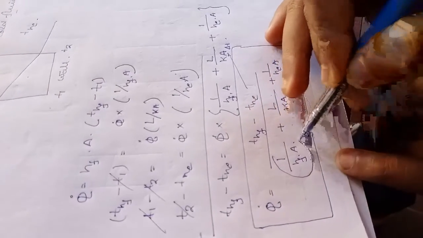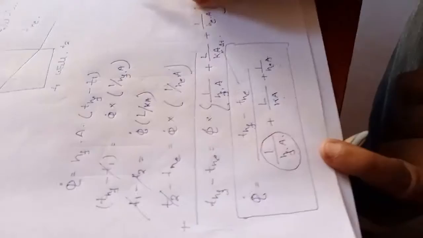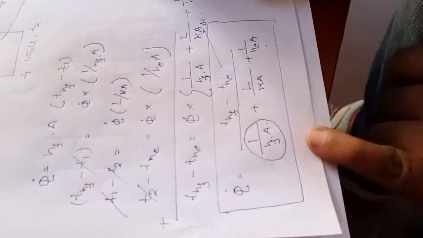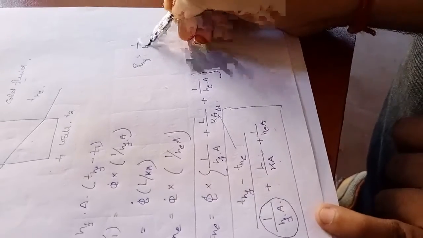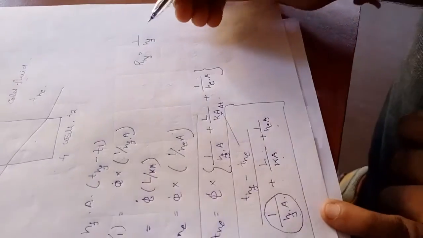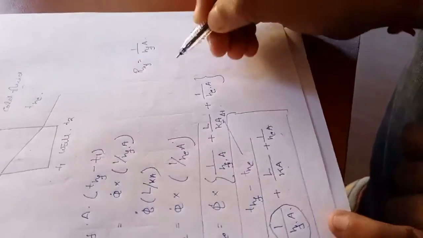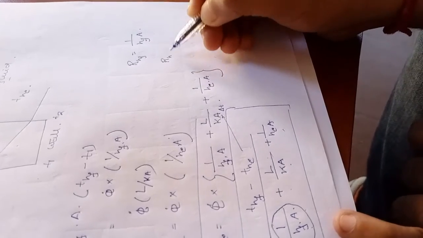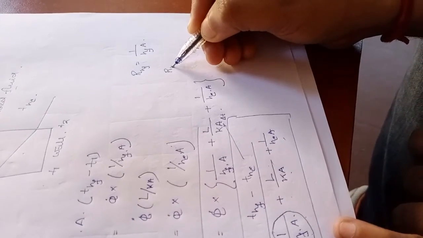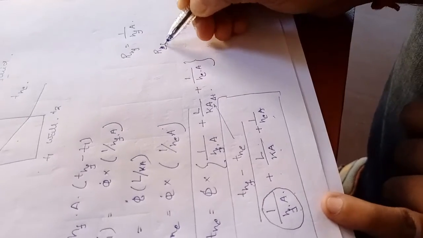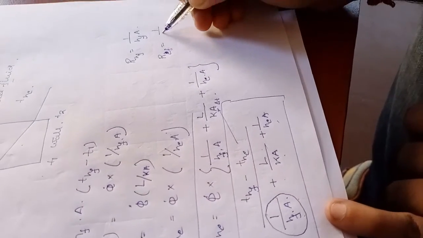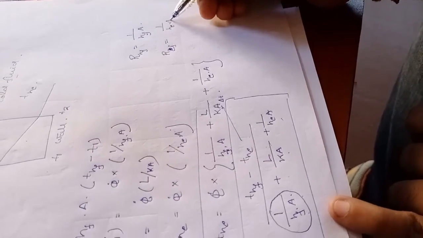Now we can consider the resistance in the hot fluid as RHF, which is 1 by HF into A, and the resistance in the cold fluid as RCF, which is 1 by HC into A. So we have to remember this.